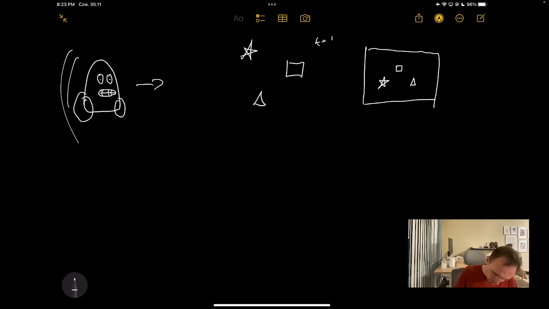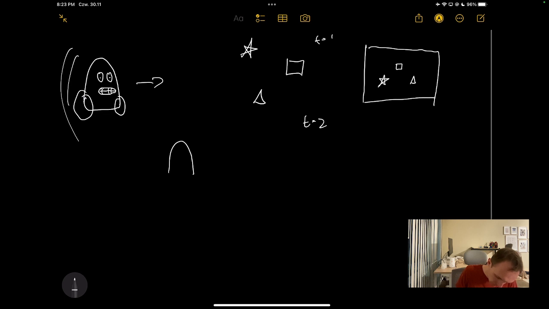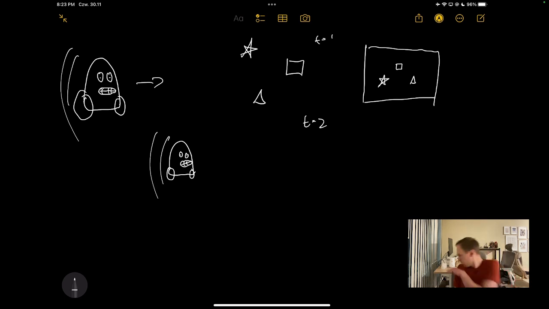And then maybe at time 2, the robot has moved on a little bit, so it went a little bit more to the right. It still has its tiny little eyes and has a smile, smiling proudly, and it's going strong. And the features are still where they were, right? So they are like fixed fixtures.